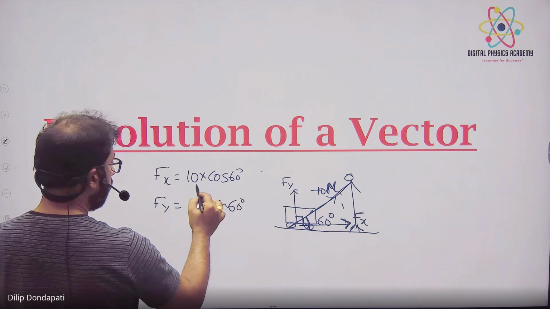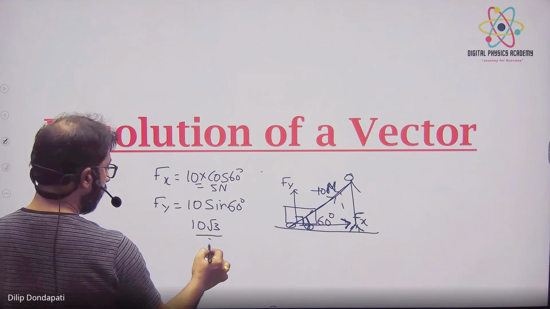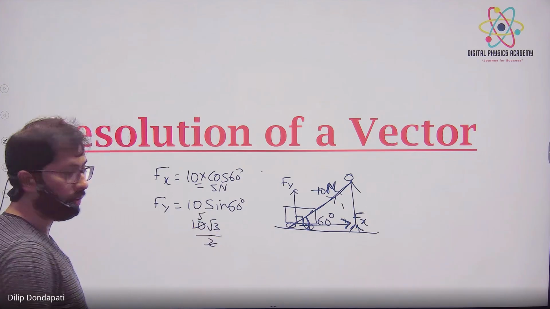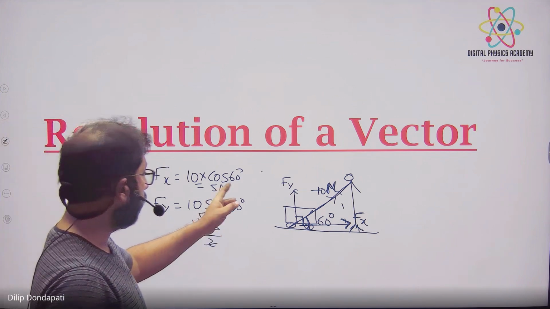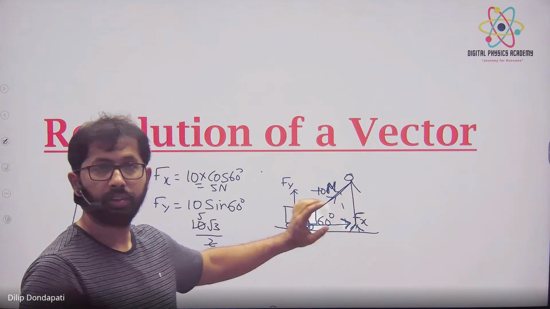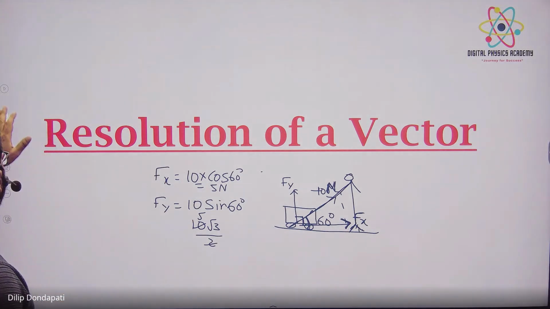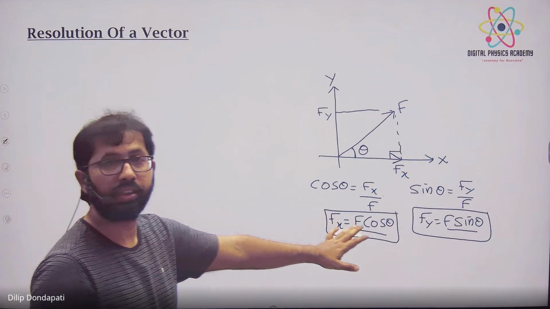So how much will it be? 5 newtons here, and here 5 root 3. So these two forces are acting along these directions. So we have to resolve the components in this format.